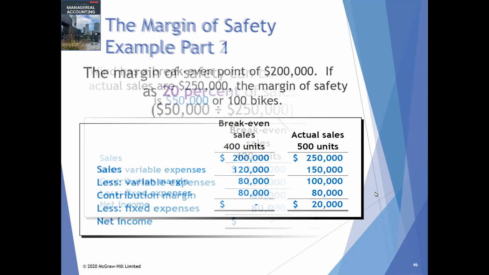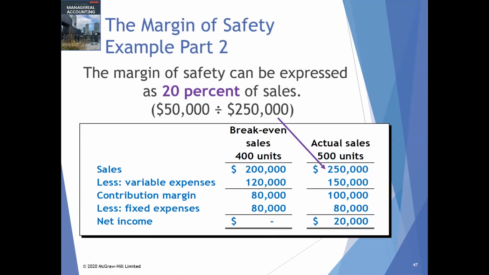So look at this. The margin of safety can be expressed as 20% of sales. Here we can say the sale has increased by 50,000, divided by 250,000 total sales. So the margin of safety is 50,000, meaning the sale has increased by 50,000, divided by 250,000, which is the total sale.